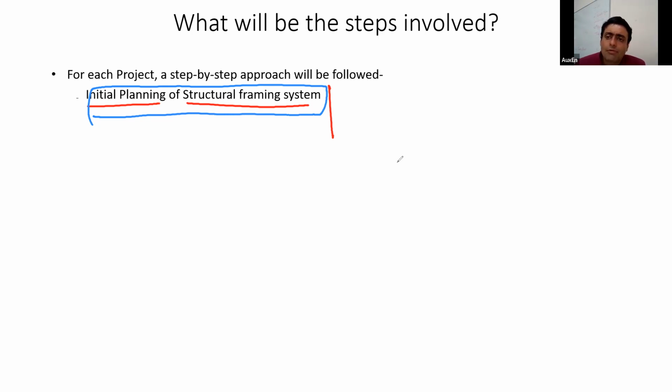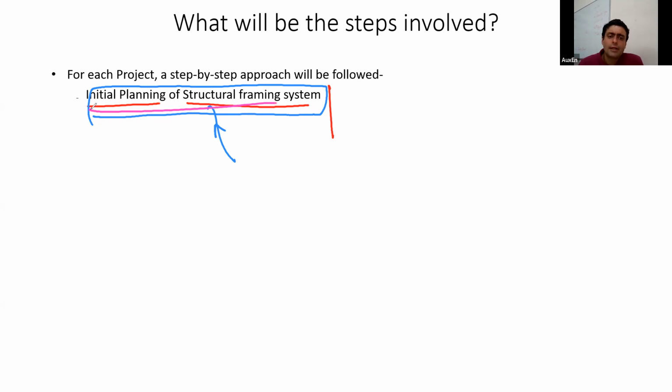When we did our first job, we were just directly given a framing plan and asked to model it on ETABS. As a fresher, you may not be able to do this in an efficient manner, but as you gain experience, it's very important that you develop this.